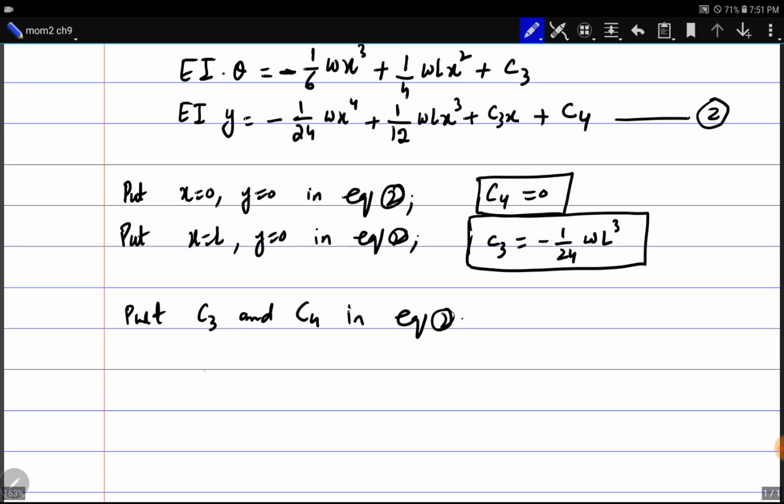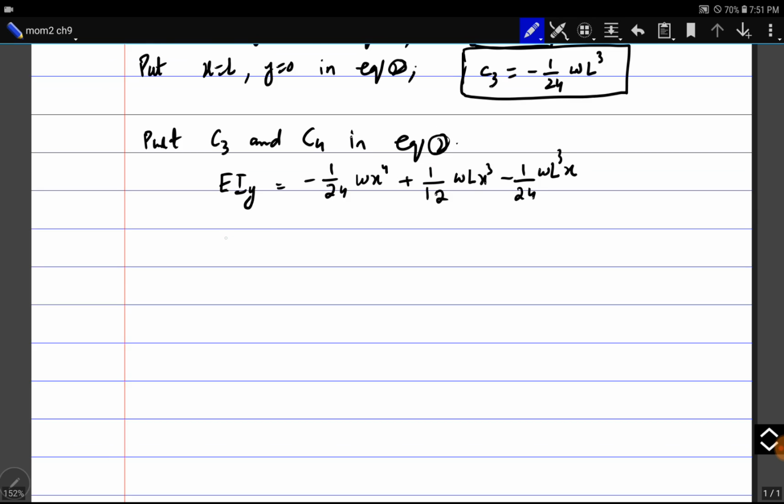We get EIy equal to minus 1 over 24 Wx power 4 plus 1 over 12 WLx cube minus 1 over 24 WL cube x.